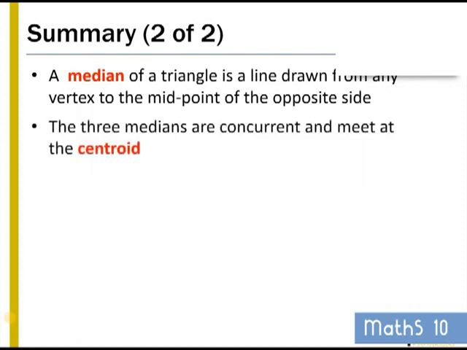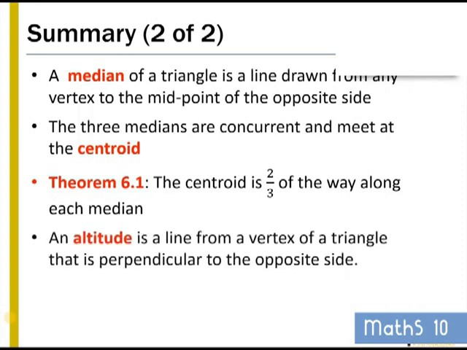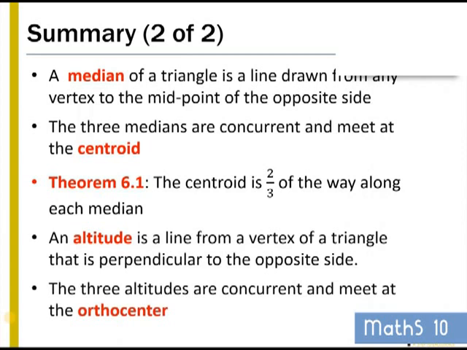The three medians are concurrent and meet at the centroid. Theorem 6.1. The centroid is 2/3 of the way along each median. An altitude is a line from a vertex of a triangle that is perpendicular to the opposite side. The three altitudes are concurrent and meet at the orthocenter.